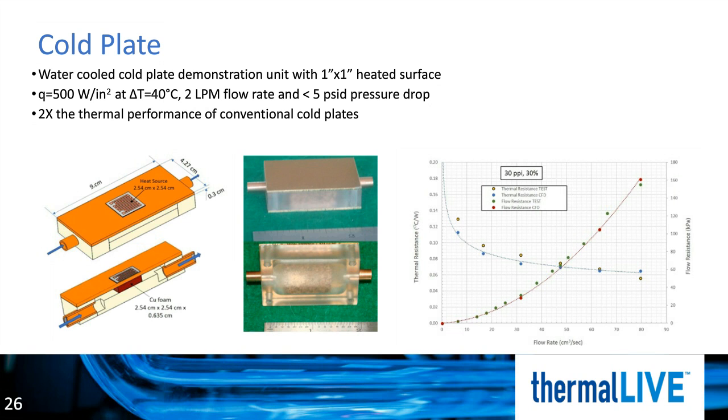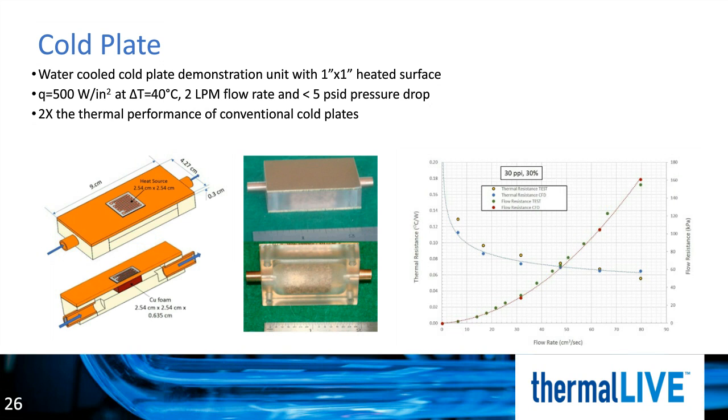The demonstration unit here consists of a 1 square inch copper foam core soldered to a base plate with an equivalent 1 square inch ceramic heater soldered on the backside. Using distilled water as coolant at a flow rate of 2 liters per minute, this unit removes 500 watts of heat over that square inch of area while maintaining the base plate temperature at roughly 40 degrees Celsius above the water inlet temperature.